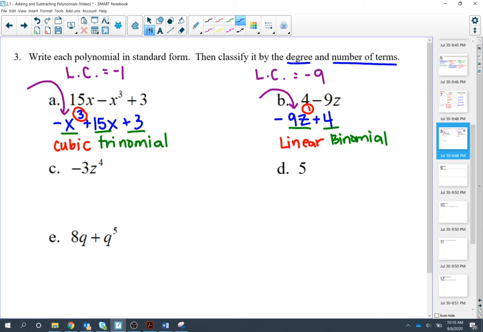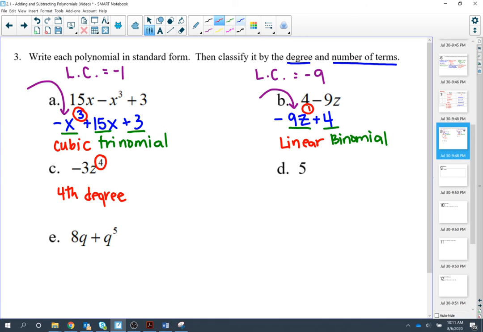Letter C, negative 3z to the fourth. First of all, we have to write it in standard form. This only has one term, so guess what? It's already in standard form. That's great. Okay, so standard form is done. Now we have to do degree and number of terms. The degree, right there, that's a 4. So if you look back at your chart, we don't have a special name for 4, so we're just going to call it a fourth degree.